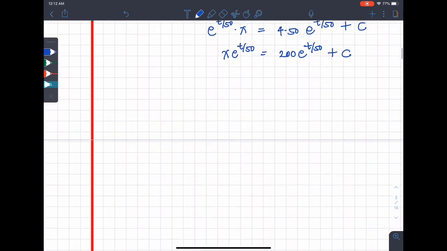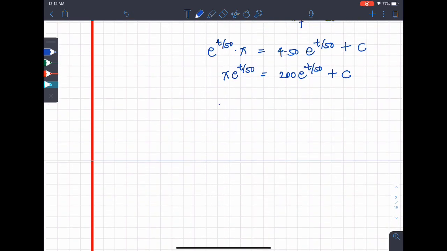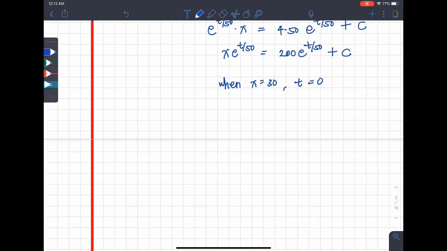So when time is 0, x is 30. So 30 equals 200 e raised to 0 over 50, plus c.